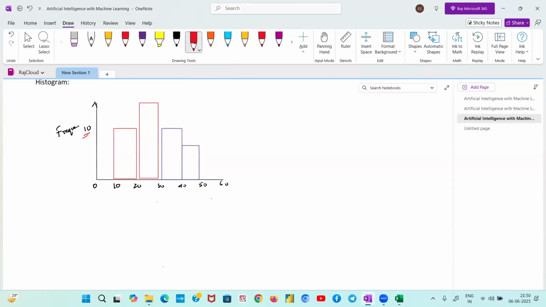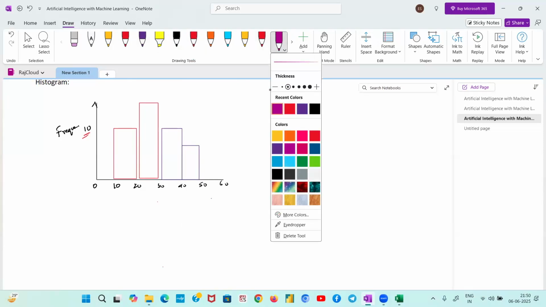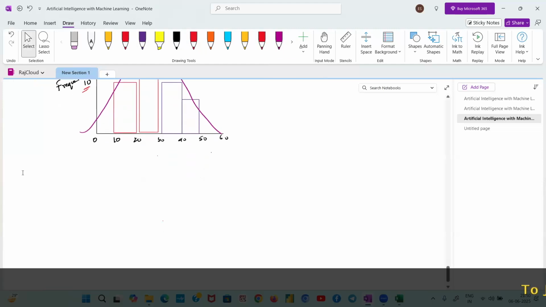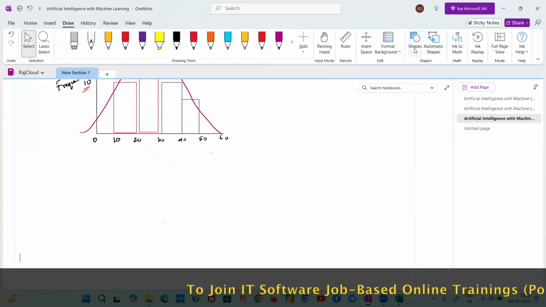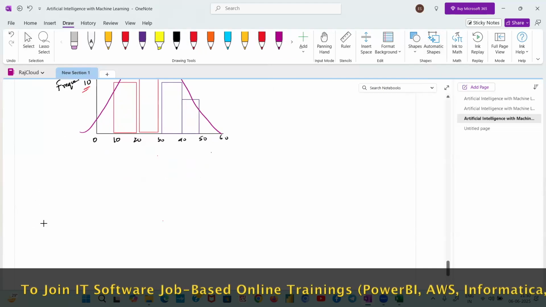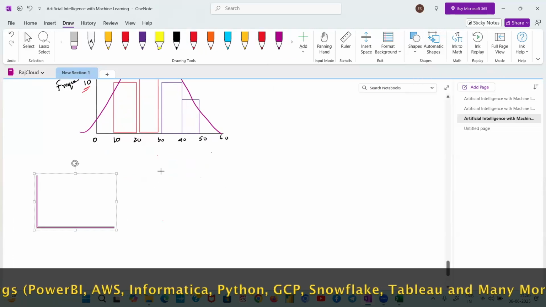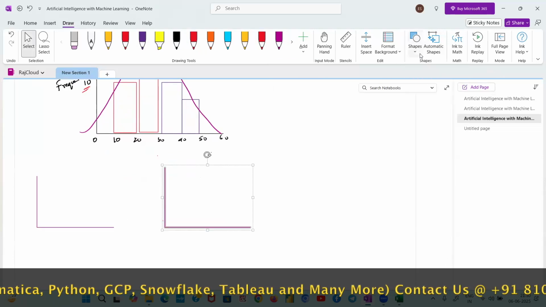So what's happened here? We are observing which kind of graph is coming up overall, which kind of shape it is. There are three possibilities of shapes here. Through a histogram, we can see that one is symmetrical, one is positively skewed, one is negatively skewed.